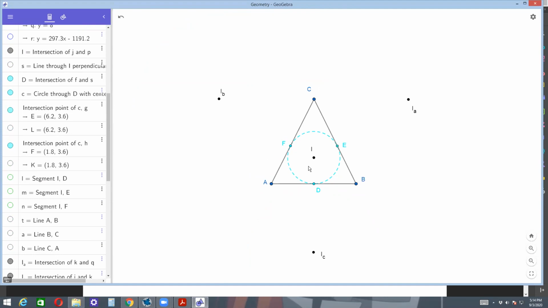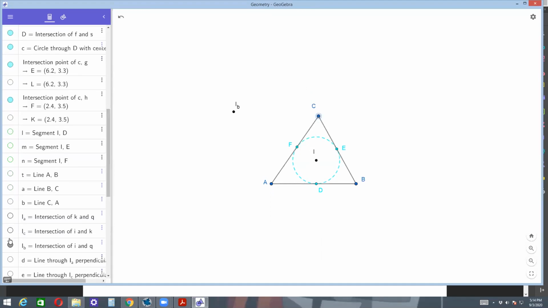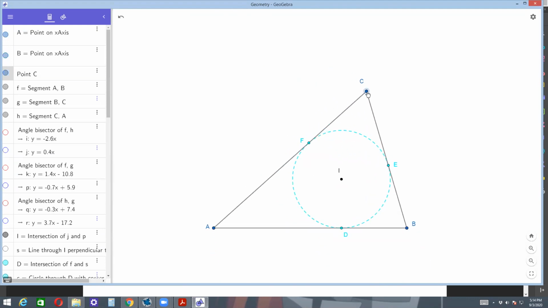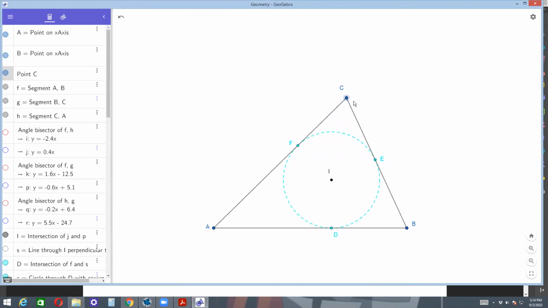All right. Okay, so you see these points here? Not these. Let me make it a little more scaly.